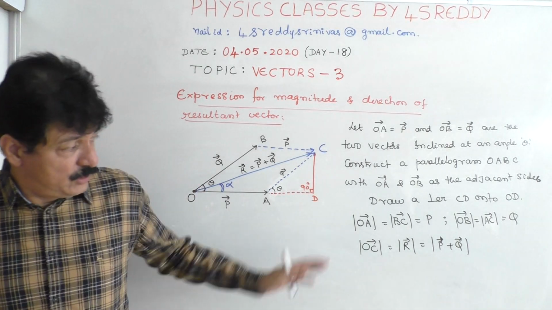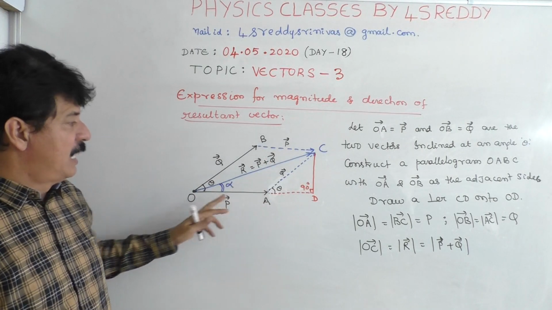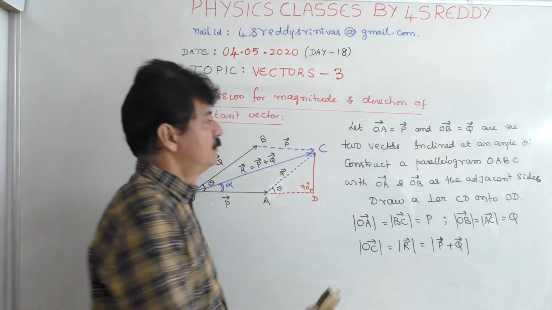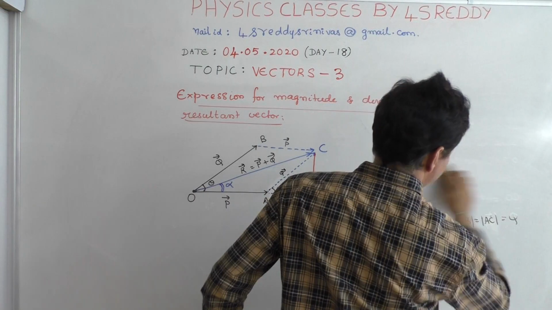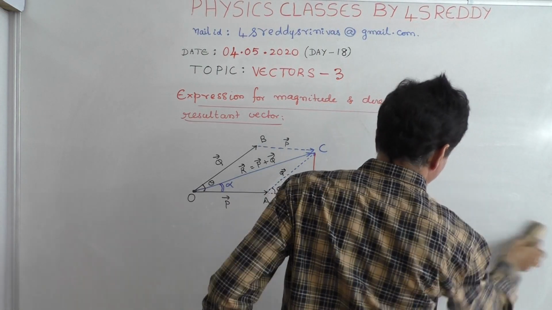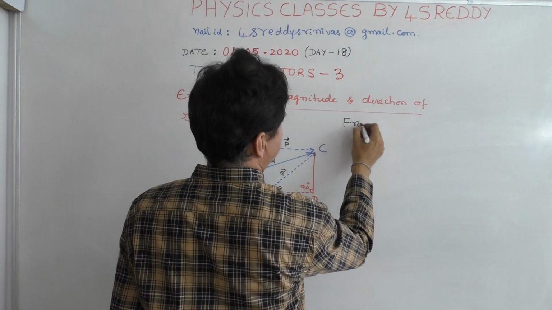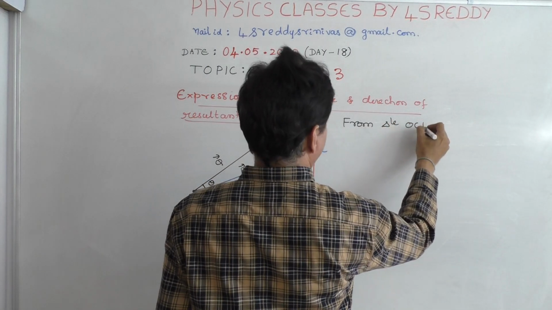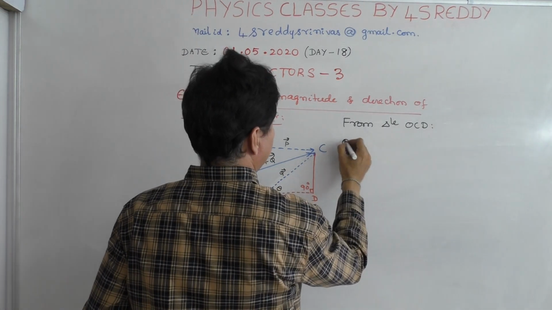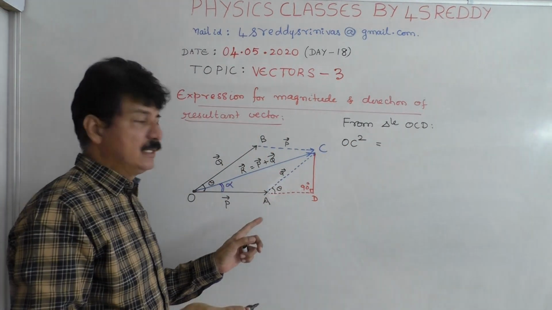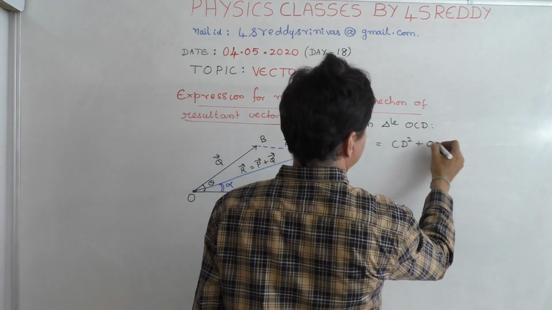Now, once you got the idea of this, we have two right angle triangles OCD and ACD. What you have to do is, from triangle OCD, what are you going to get? OC square equals, according to Pythagoras, CD square plus OD square.